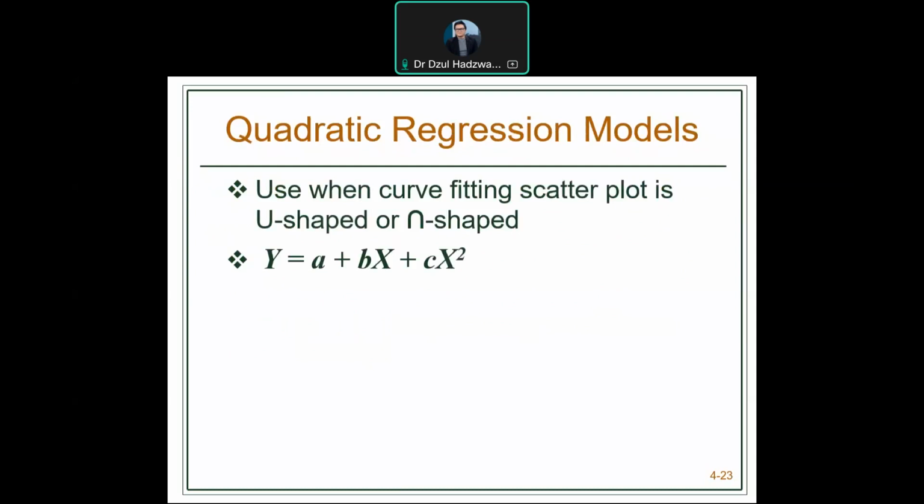I just want to mention that quadratic is non-linear. When we transform the information into a graph, we find that it is not a straight line in nature, but more non-linear, like a U shape or inverted U shape.